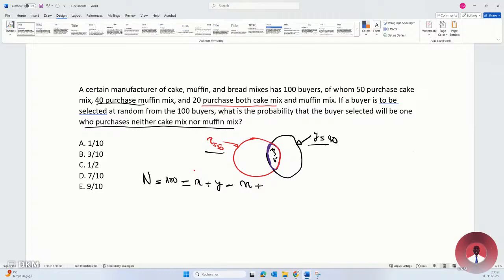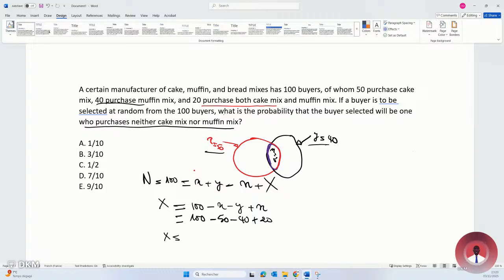And this, I can call it big X like this. So now big X will be equal to 100 minus X minus Y plus N. So 100 minus X is 50, this Y is 40, plus N, N is 20.